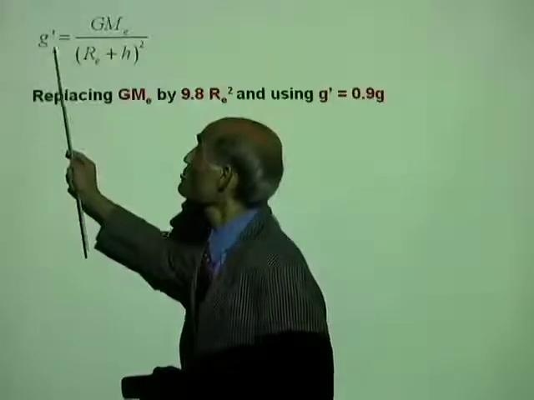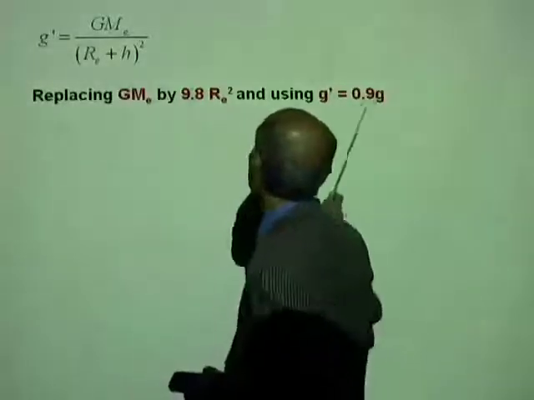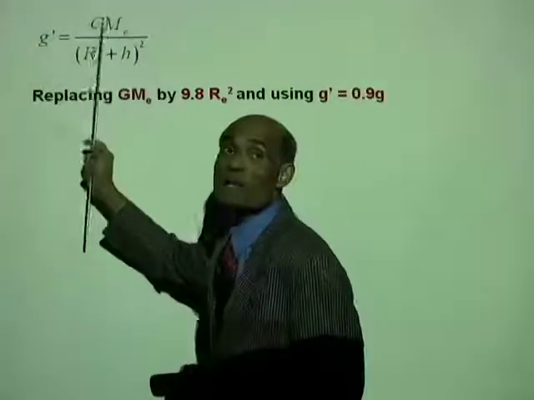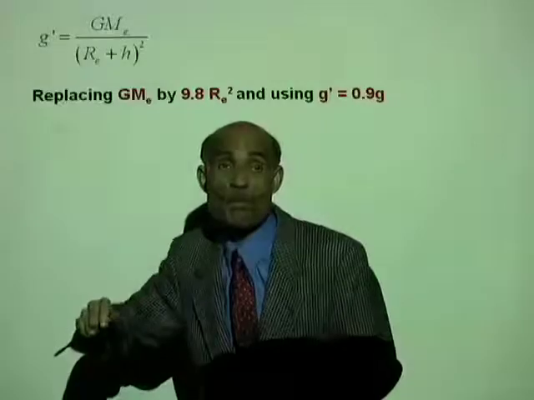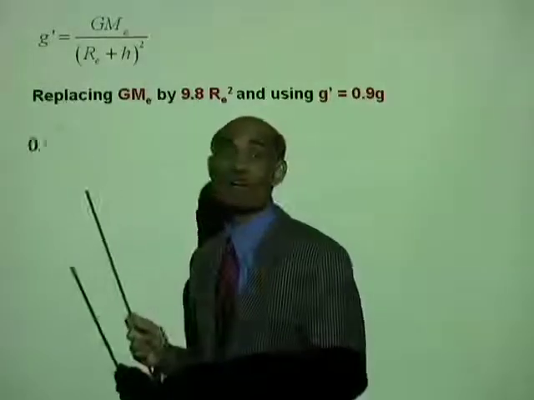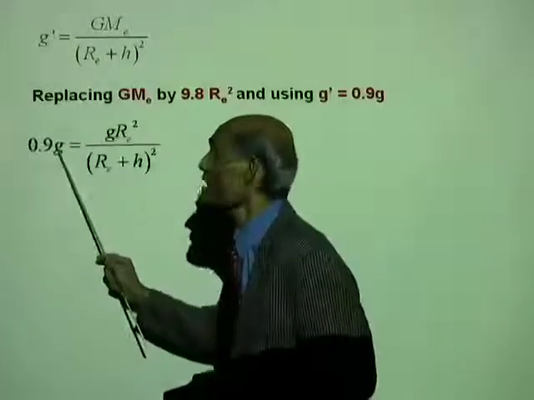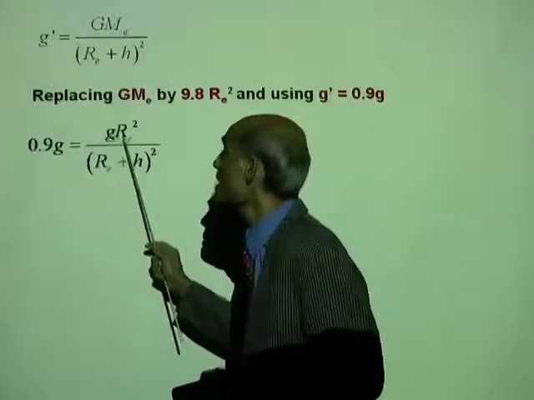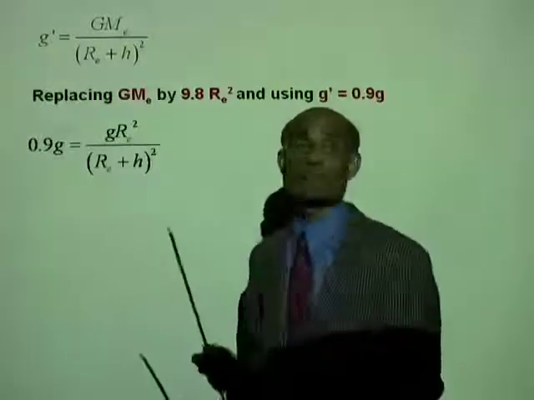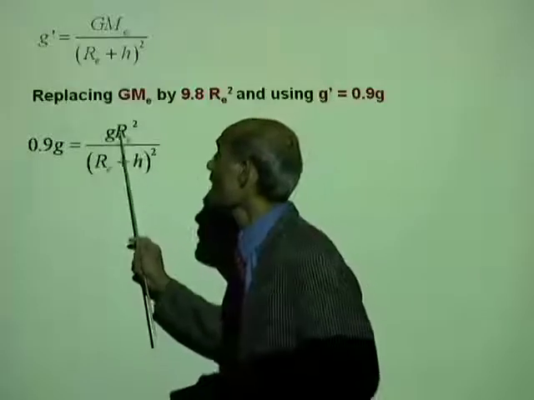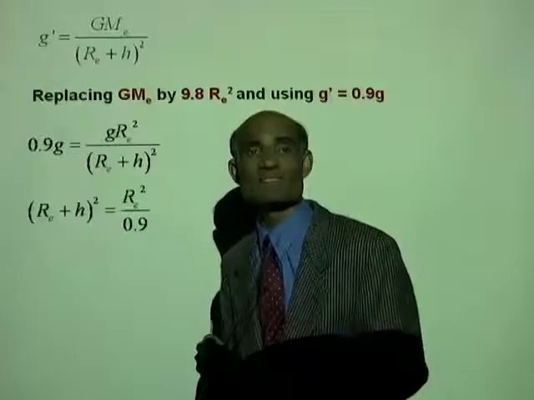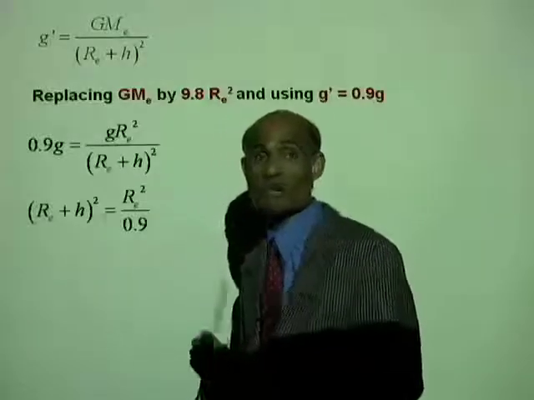We will replace this g prime by 0.9 g, and we will replace this GME by the familiar form small g Re squared, where small g is 9.8. So 0.9 g equal to g Re squared over (Re plus h) all squared. Well, you need now only know the radius of the earth. What is the radius of the earth? You know that value, you need to know it.